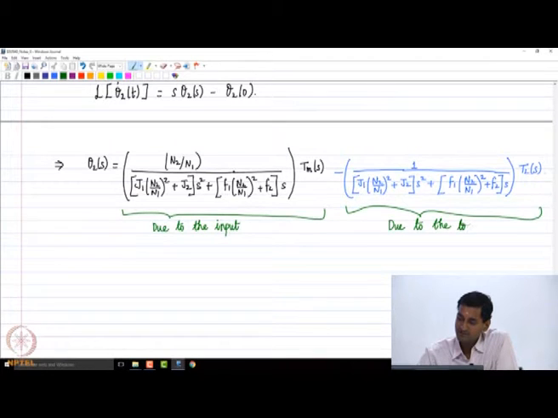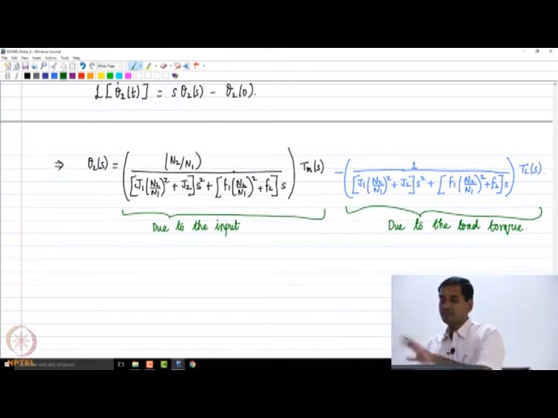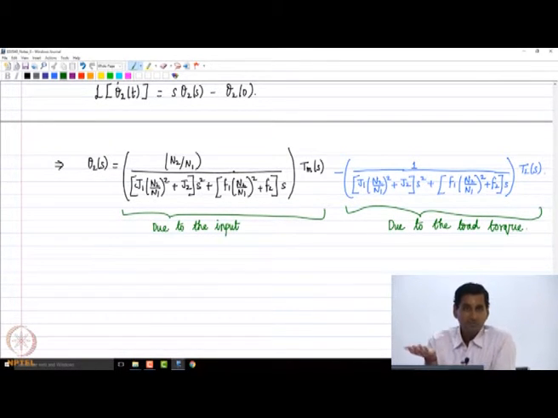Please note that if I want to move the output shaft to any position, you can immediately see that the load torque is going to play a role as far as the response of the system is concerned. So we need to keep that in mind. Say you give a step input torque for Tm, the final theta 2 is going to be dependent on the load torque, obviously.